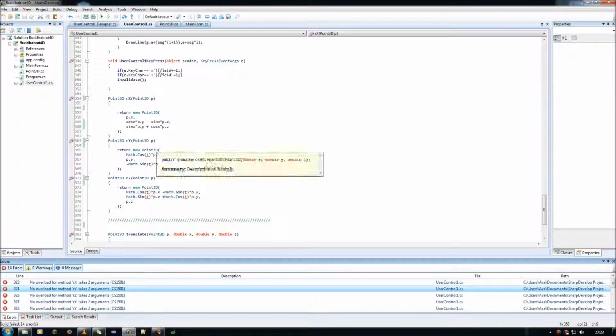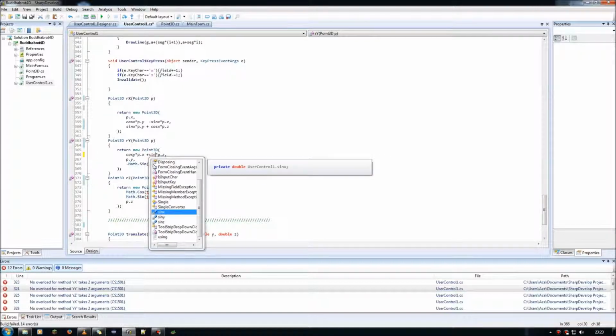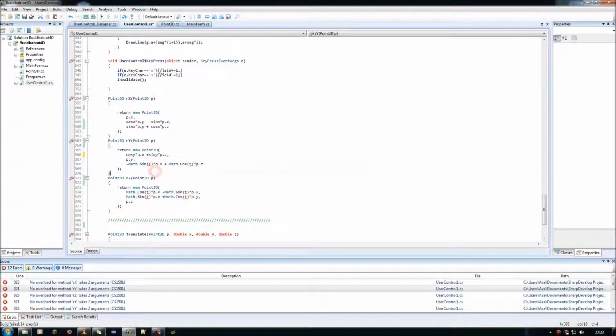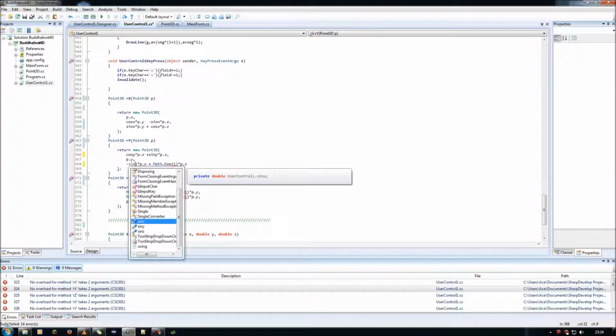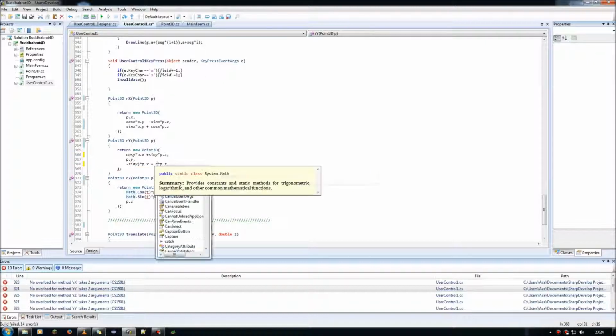So yeah, we'll do the same thing for this lot. So cosine y, sine y, sine y, cosine y.